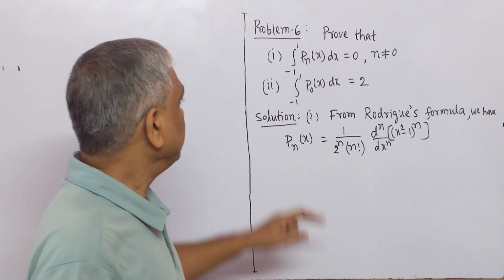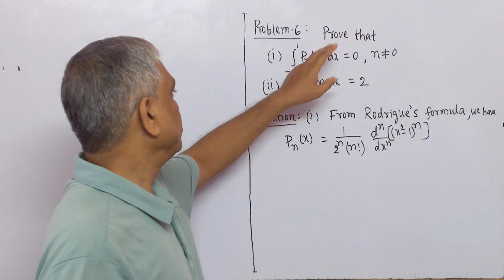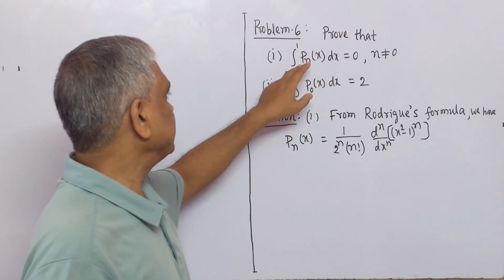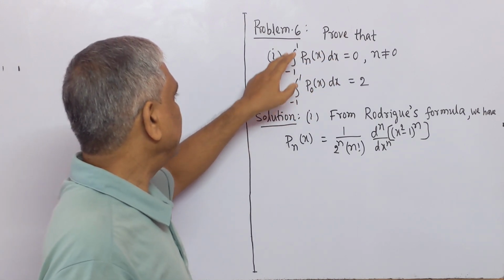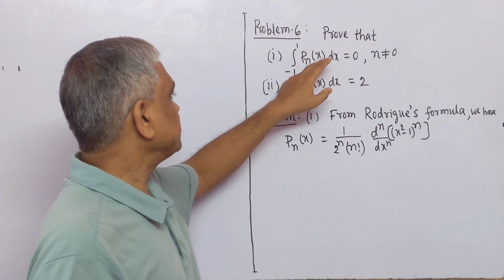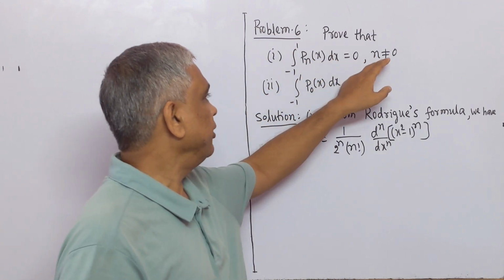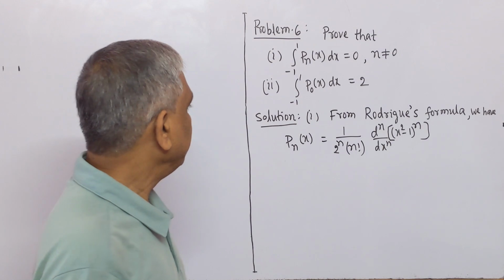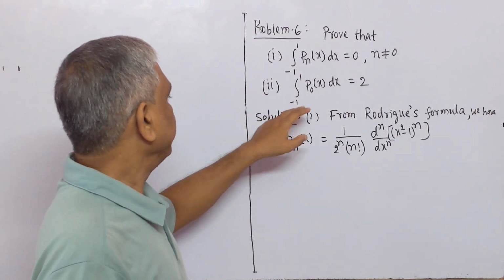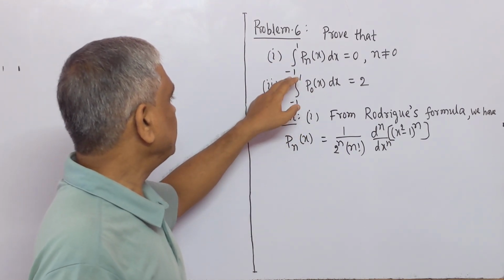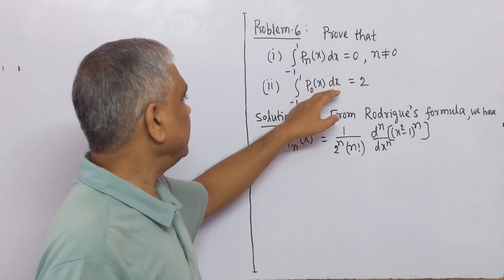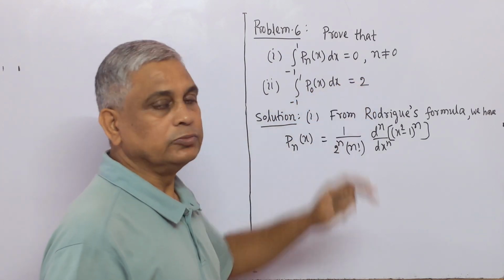Now we solve problem number 6. Prove that number 1, the integration from minus 1 to 1 of Pn(x) dx equals 0 for n not equal to 0, and number 2, the integration from minus 1 to 1 of P naught(x) dx equals 2.